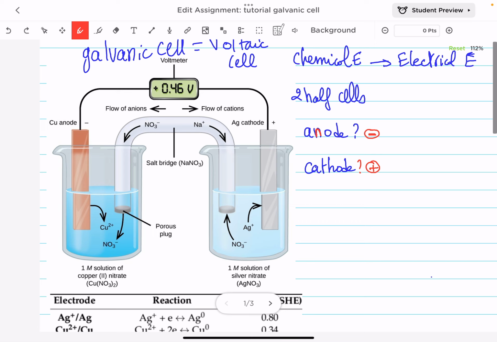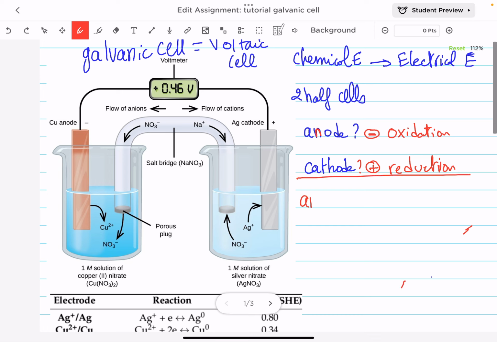Now, there is basic information that you need to know about anode and cathode, whether the electrochemical cell is galvanic or any other type like electrolytic. Always at the anode, there is an oxidation occurring, and at the cathode, there is a reduction. And an oxidation means loss of electrons.